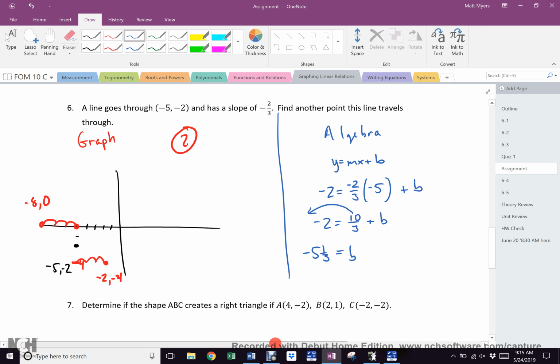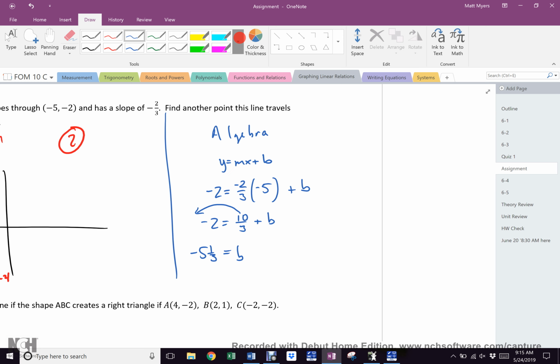So now I have this equation, and I'll change colors to blue slightly. y equals -2/3 x minus 5 1/3. I'm going to change that to 16/3. Does everyone see how I have done that? Now, can I make a table of values? Can I choose any number for x? Yep. And once I choose any number for x, I will get a y value, won't I? Because I just substitute it in.